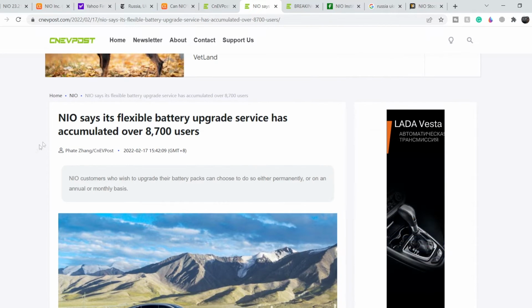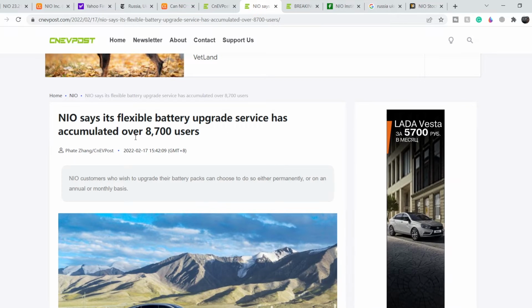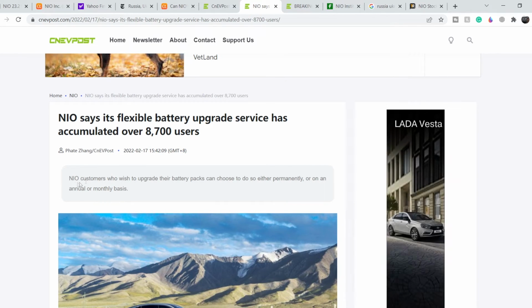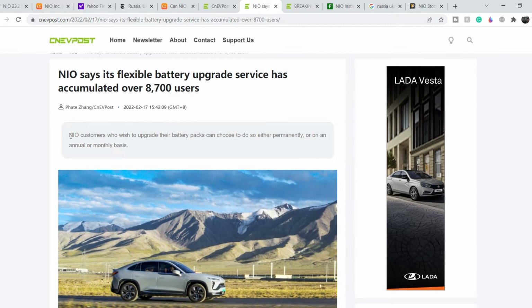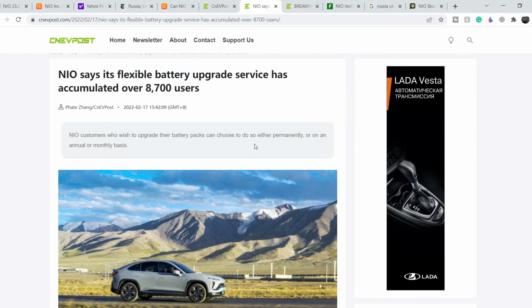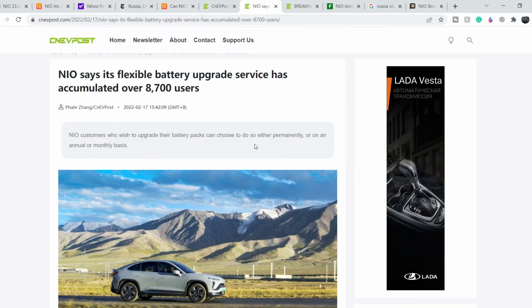So, NIO says its flexible battery upgrade service has accumulated over 8,700 users. And by the way, we are on cnvpost.com, and this article was published on February 17th. Let me quote you the subtitle: NIO customers who wish to upgrade their battery packs can choose to do so either permanently or on an annual or monthly basis.